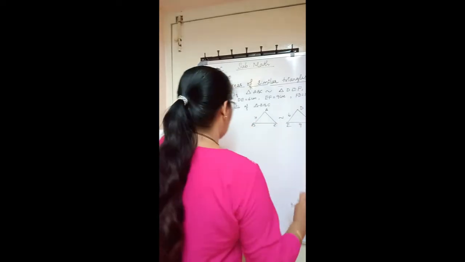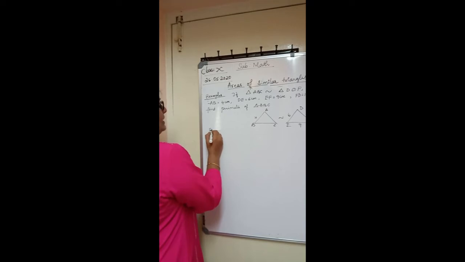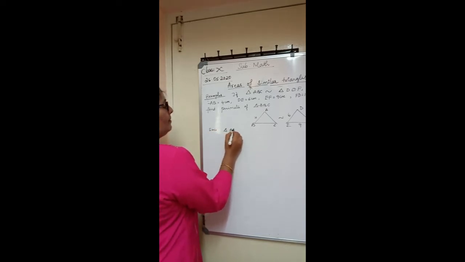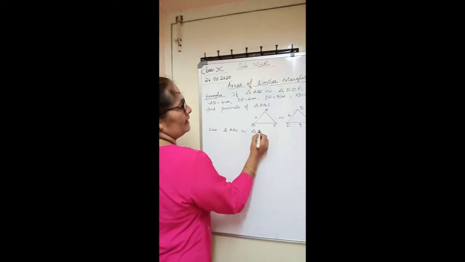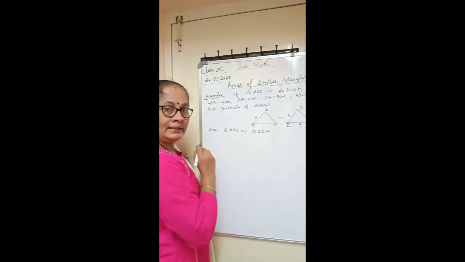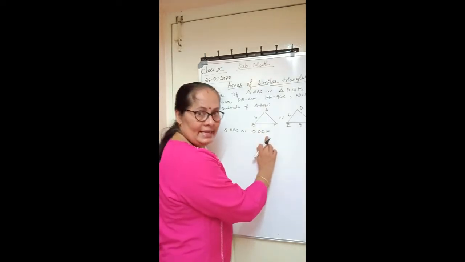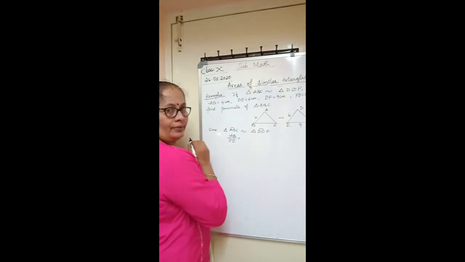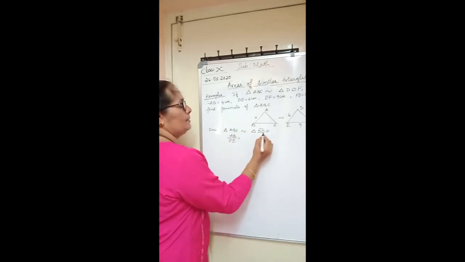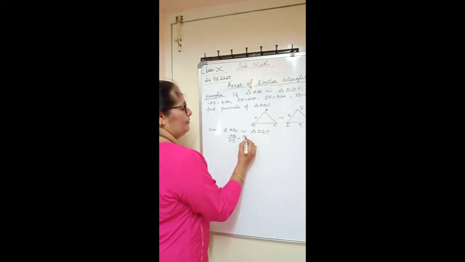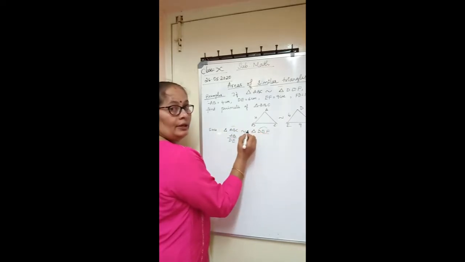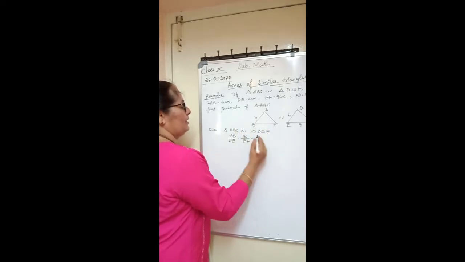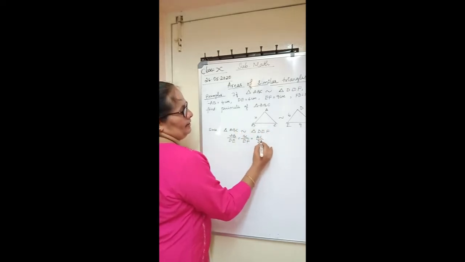Yes, so since triangle ABC is similar to triangle DEF, their corresponding sides are proportional. That is AB proportional to DE, then BC proportional to EF, and AC proportional to DF.